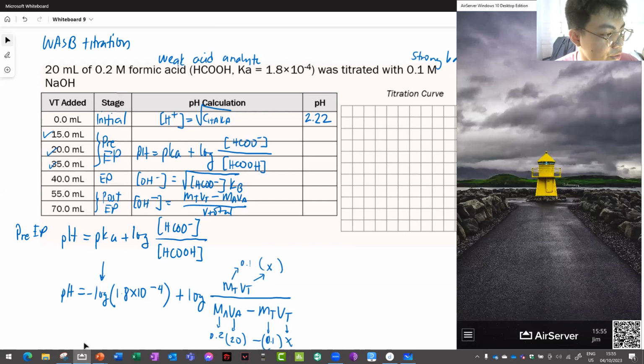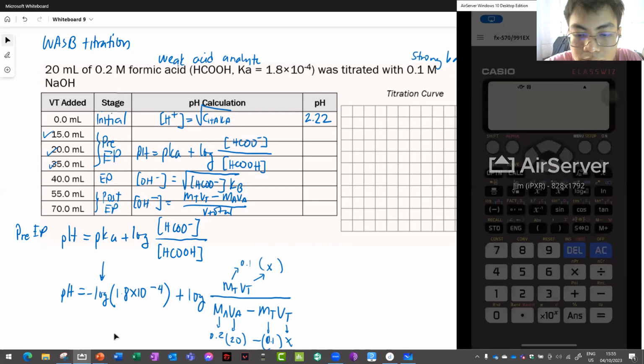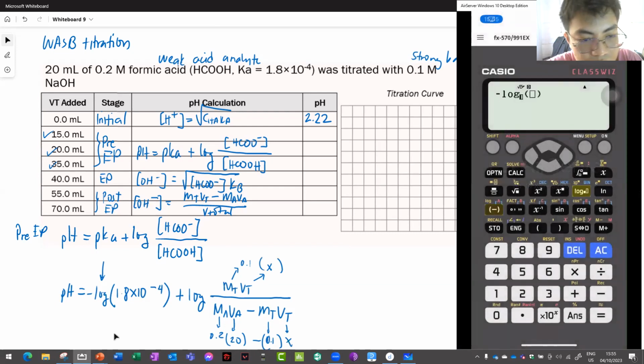Okay. Let me share my phone again. So you have your negative log base 10 of 1.8 times 10 raised to negative 4. That's your Ka. Plus logarithm of base 10 of the MTBT, no?